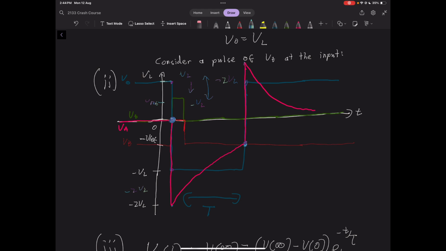So this maximum will be like 2 VL minus V reference or something close to that value, because the main thing to note is that that change there has a magnitude of 2 VL, and then it's just going to start decaying again. And then T here, this is the total time that the circuit is in the unstable state. So it's a monostable vibrator, which means it has one stable state. Its stable state is Vout being equal to positive VL, and you can trigger it to cause it to drop into the unstable state, which is where Vout equals negative VL.